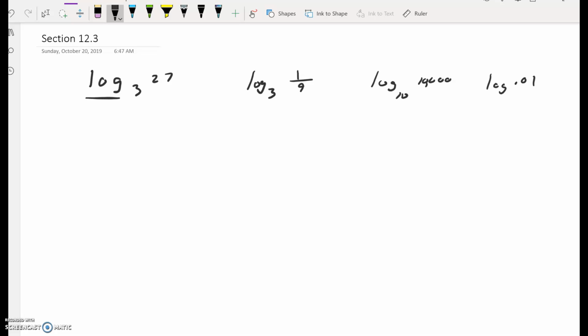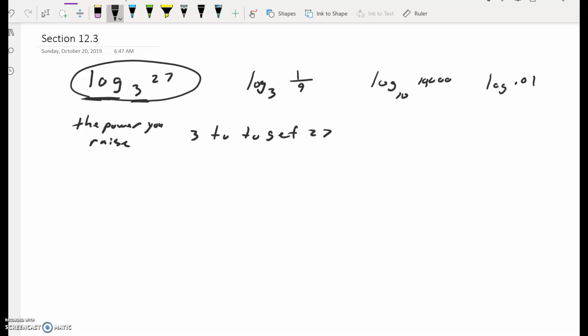This log word can be translated as the power or exponent you raise 3 to get 27. So this logarithm, this quantity, is the power you raise 3 to get 27.